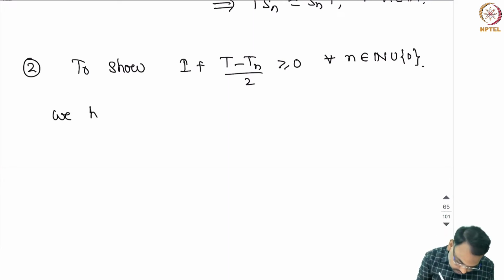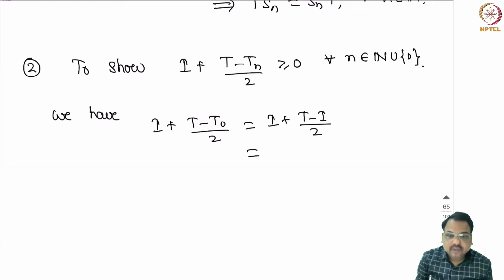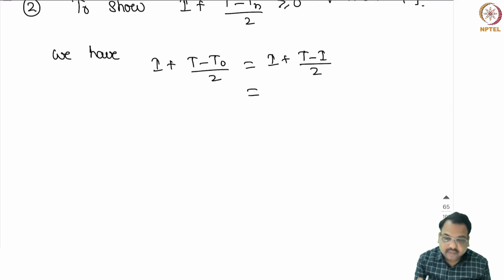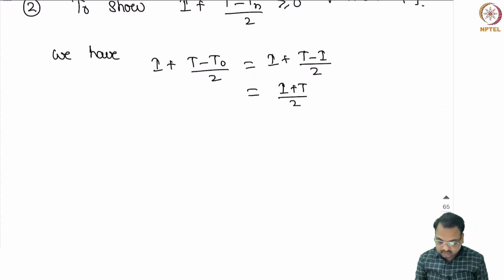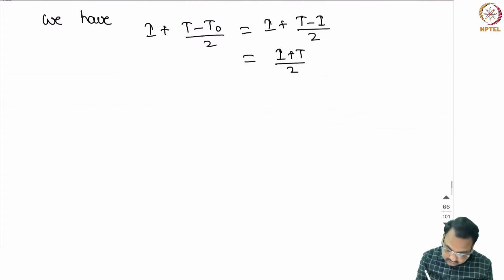So we have I plus T minus T0 by 2, which is I plus T minus identity by 2, and this is nothing but 2I plus T minus I by 2, that is I plus T by 2. So we can conclude that this is positive.